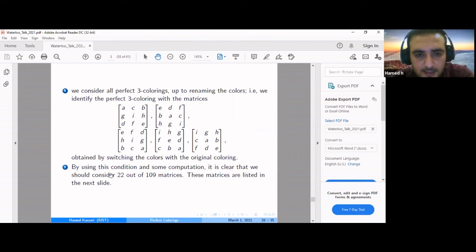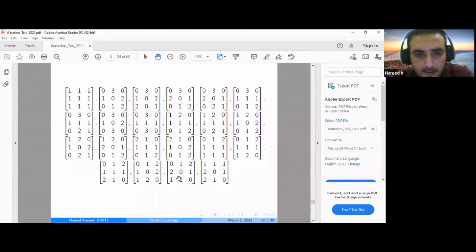By using this condition and some computation, it is clear that we should consider 22 out of 109 matrices. These matrices are listed in the next slide. Actually, a cubic connected graph only has perfect three colorings with these 22 matrices.